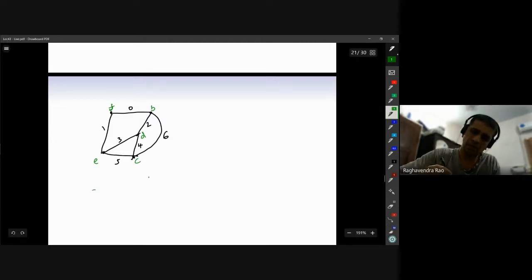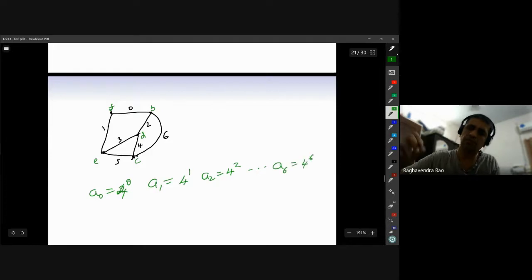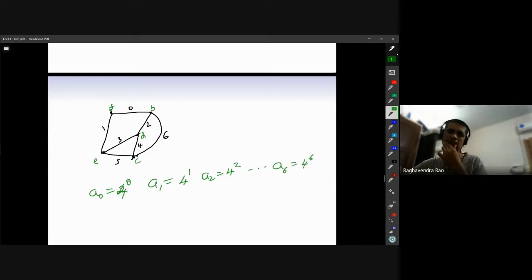So A0 is 4 power 0, A1 is 4 power 1, A2 is 4 power 2, etc. A6 is 4 power 6. Okay, these are the numbers.